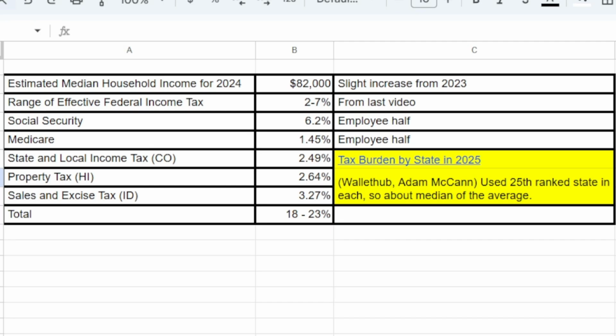Starting at the top, I did estimate 2024's median household income at $82,000. I slightly increased 2023's number, which was just over $80,000. And again, if you didn't watch the last video, the median household income is for all people living in a household, whether they're related or not.